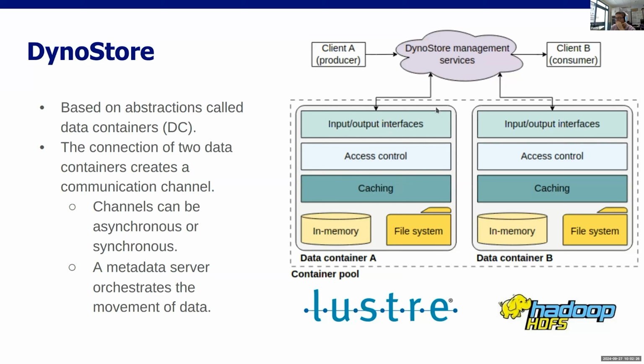These data containers can be connected to create different data channels, which could be asynchronous or synchronous. In our approach right now, we have a centralized metadata server that can be distributed through different instances, which orchestrates the movement of data through data containers.